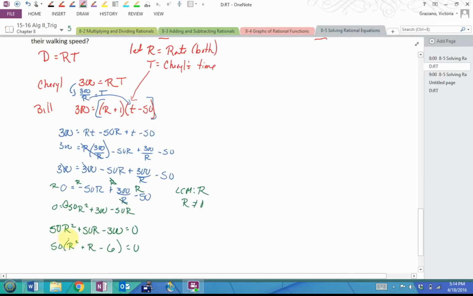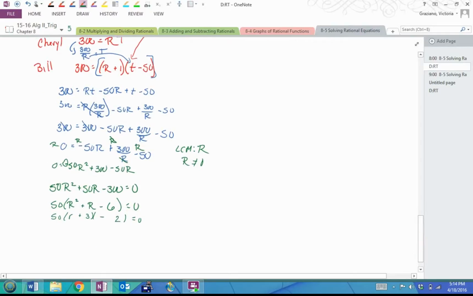Okay, so 50r squared plus 50r minus 300. Okay, so I can go ahead and factor this. So it looks like I need an r, a 3 and a 2, and it looks like I need a plus 3 and a minus 2. So I end up with r equals negative 3 or r equals 2.